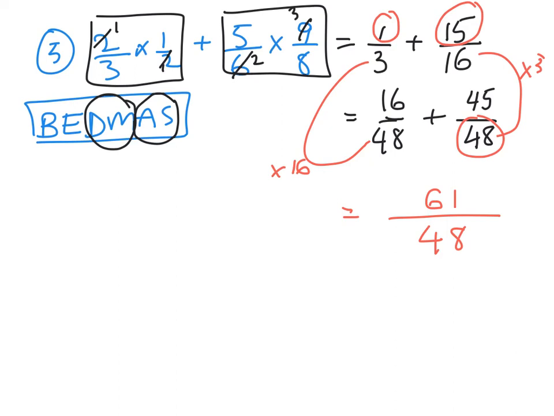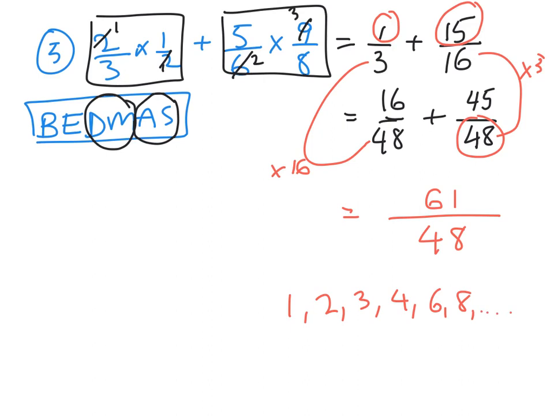I need to check quickly whether there are any common factors in there, but there aren't. So we can think about what are the factors of 48. One that's worth checking, well, they're all worth checking. Let's have a quick think. So 1, 2, lots of factors of 48, 3, 4, 6, 8, and so on.